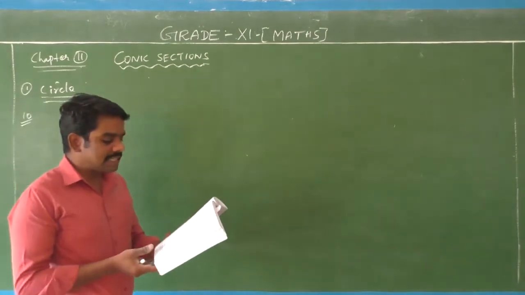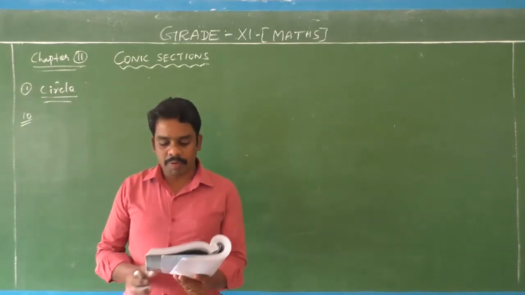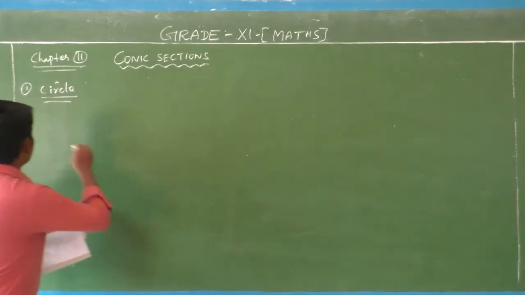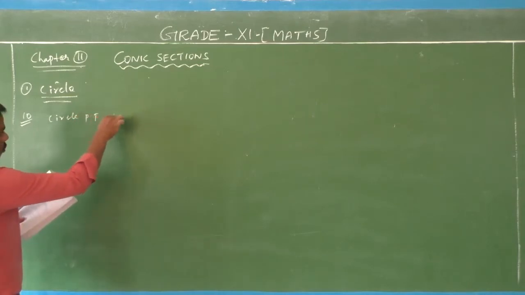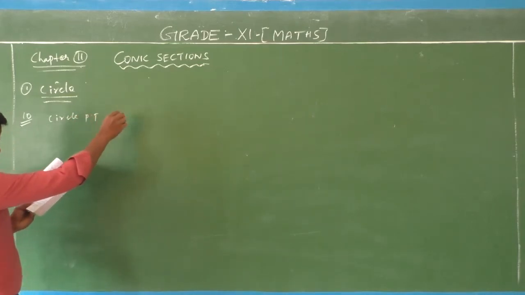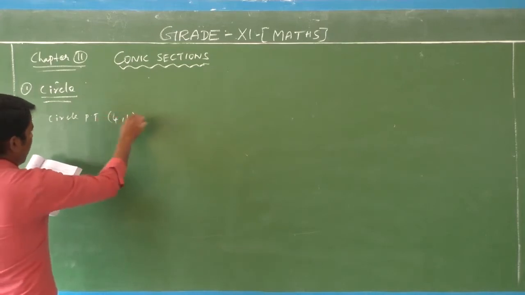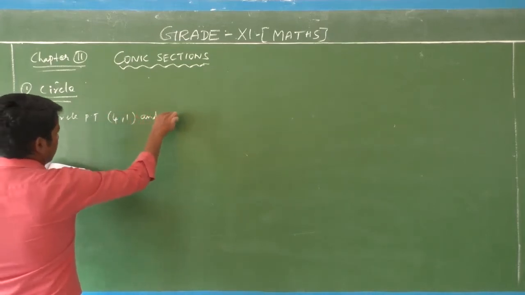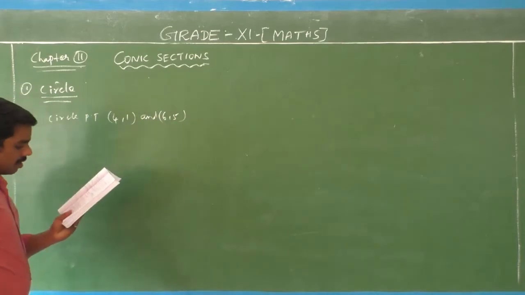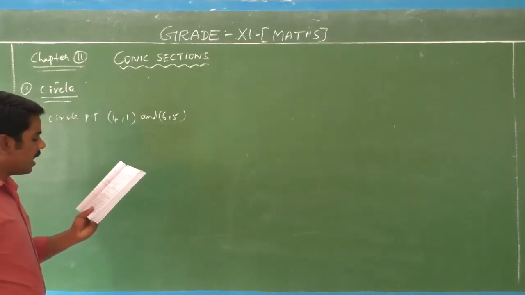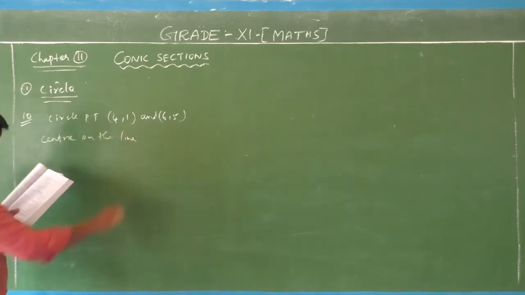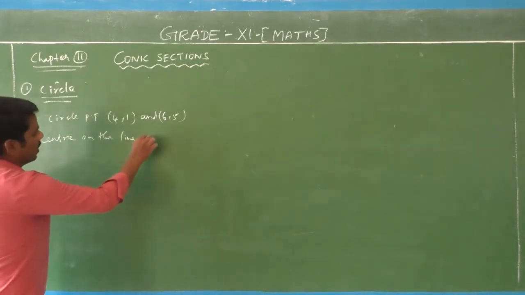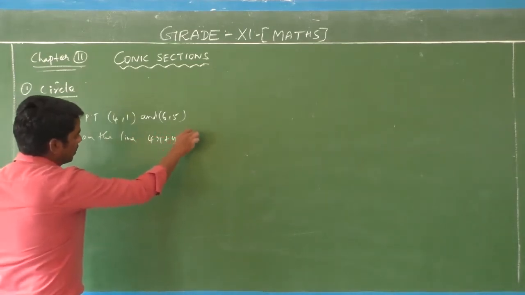Find the equation of the circle passing through the points (4, 1) and (6, 5), and the center is on the line 4x plus y equal to 16.